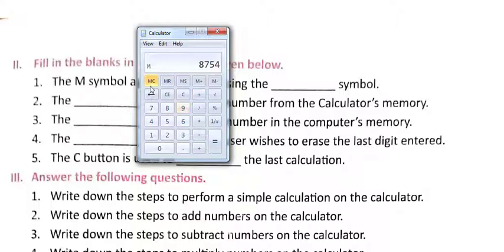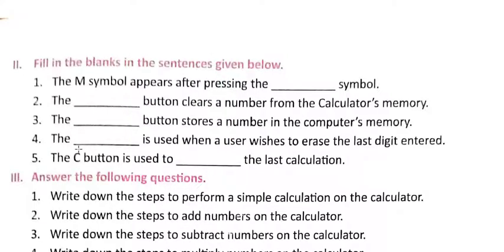Now MC button is used to delete the number which is stored in the memory. See, I am pressing MC button. Now when I press MR button to see which number is stored in the memory, it shows us 0 because the number which was stored has been deleted using MC button. So this is how these 3 buttons work: MS, MR and MC.